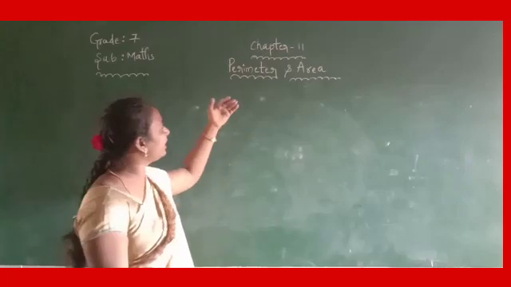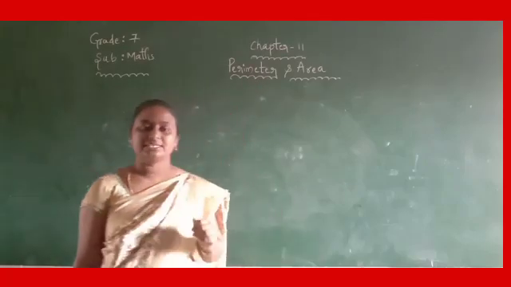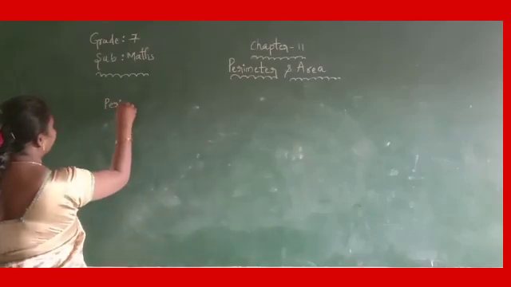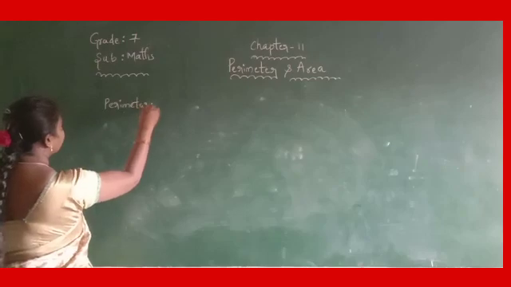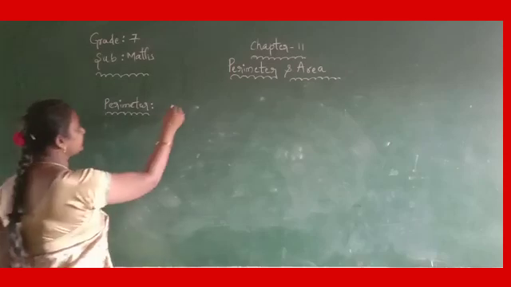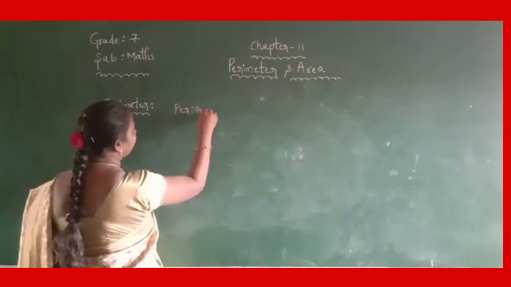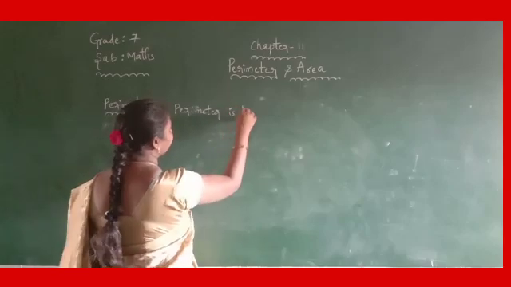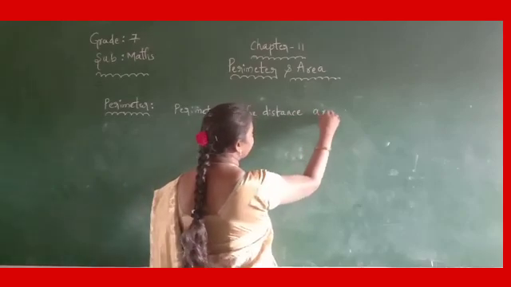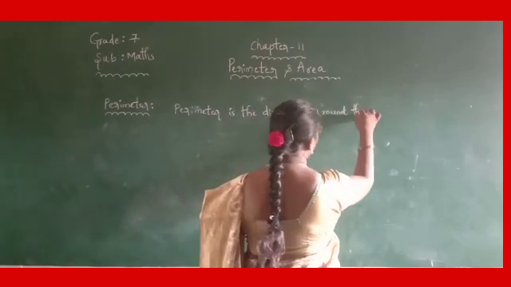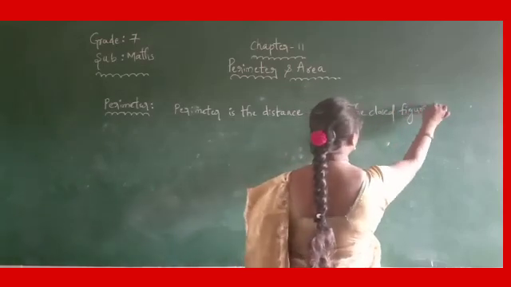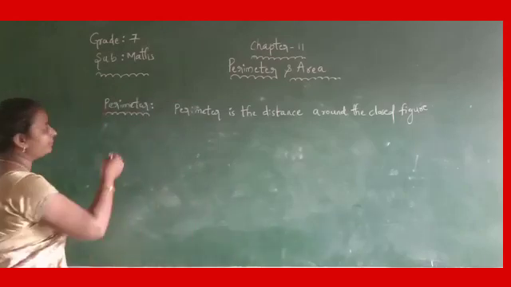Now write that. Take your notebooks, keep heading chapter 11, perimeter and area, and write the definitions of perimeter. Perimeter is the distance around the closed figure, and the formulas for the perimeter.